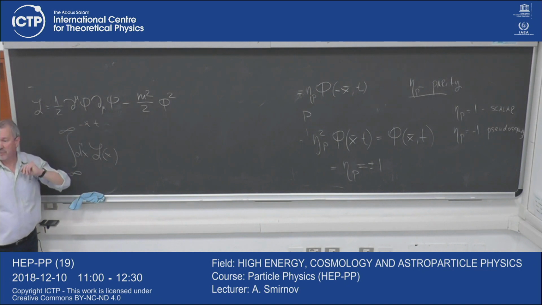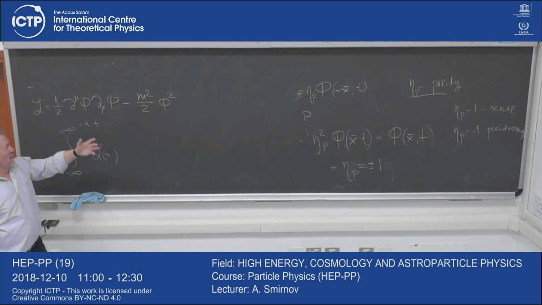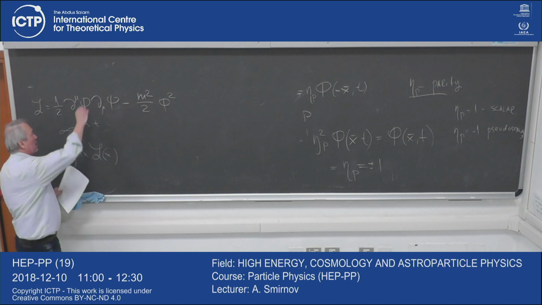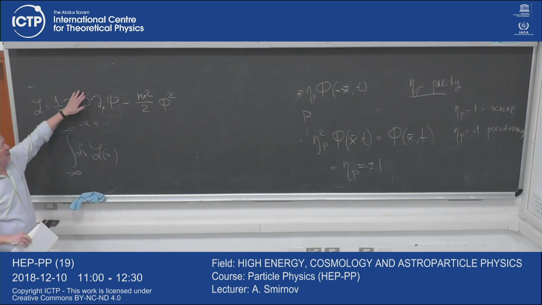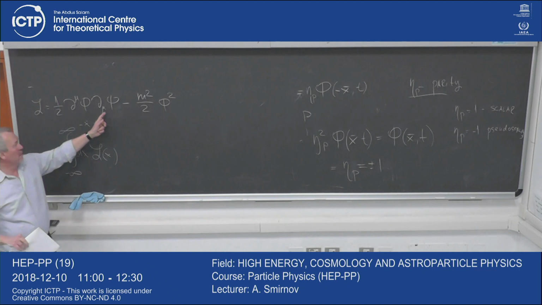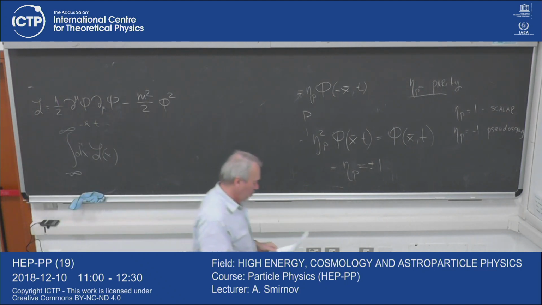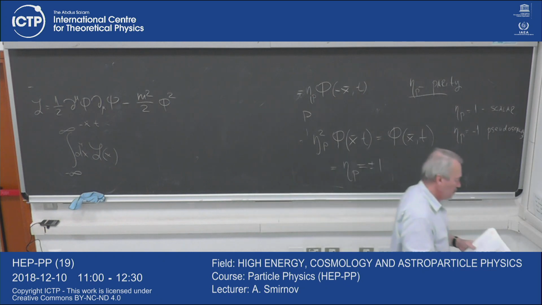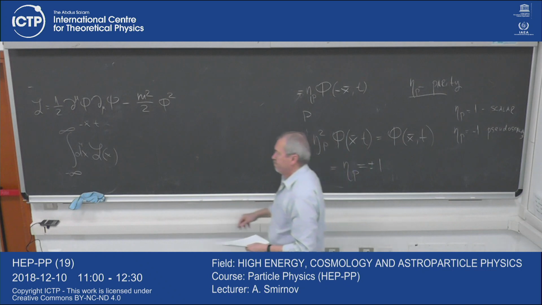And of course, the appearance of eta doesn't play a role if it is a complex field. If it's real, there is no dagger here. So the appearance of a minus here doesn't change anything because you have the square of the fields everywhere, which means that this Lagrangian is invariant under P transformations.